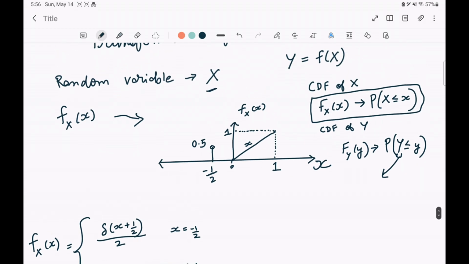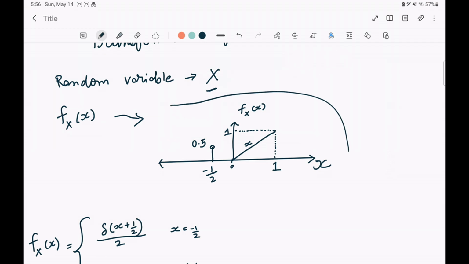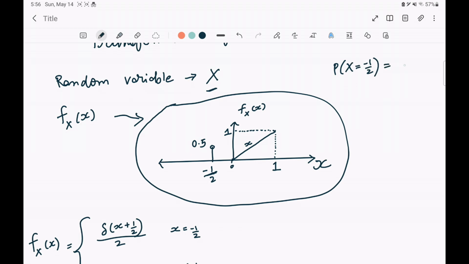In this example, let's define a random variable x such that the probability density function of x looks like this. It takes up the value of 0.5 at x equals minus half. So the probability of this random variable taking the value minus half is half, and it also behaves like a continuous random variable in the range 0 to 1. It increases linearly from 0 to 1, as you can see here.